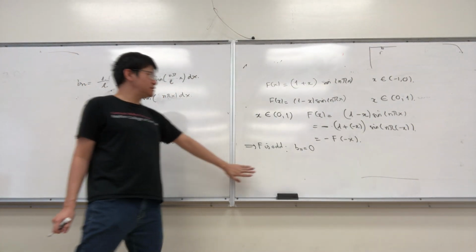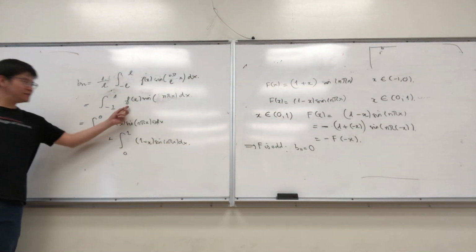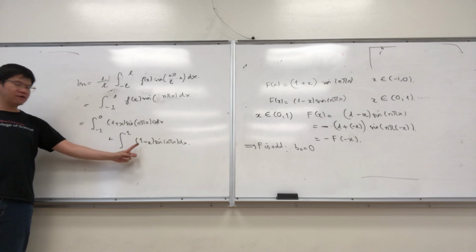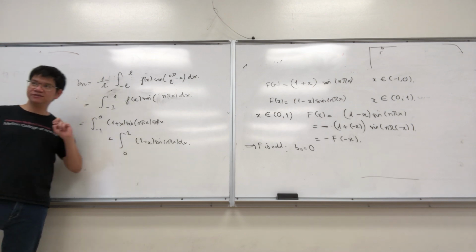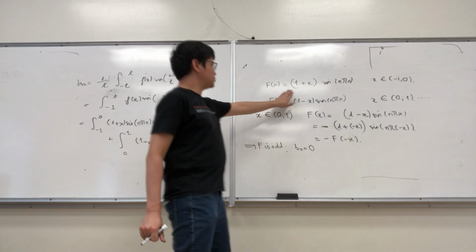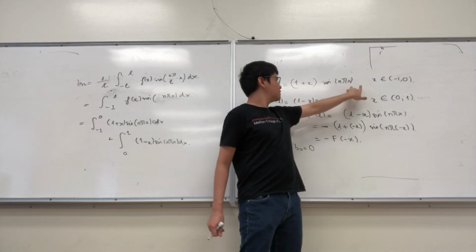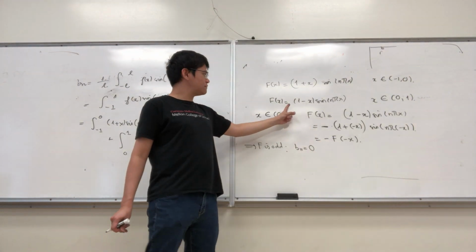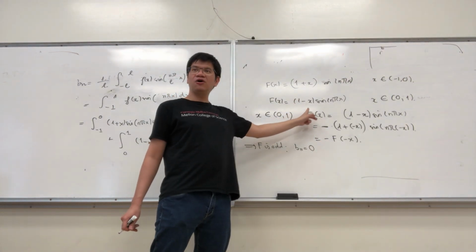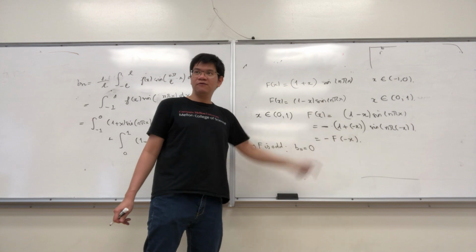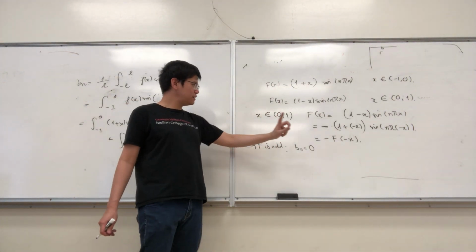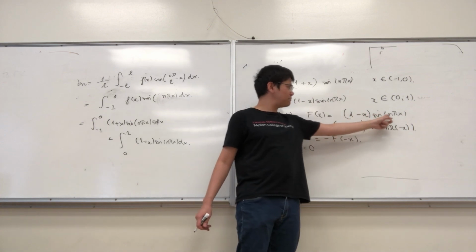So I explain again. In this case, I split this f into two intervals, from -1 to 0 and 0 to 1. On the first interval I have (1 + x) sin, and on the second interval I have (1 - x) sin. So I define a new function, which is (1 + x) sin on the -1 to 0 interval, and (1 - x) sin on the 0 to 1 interval. This function is odd because when x is from 0 to 1, f(x) is (1 - x) sin(nπx).